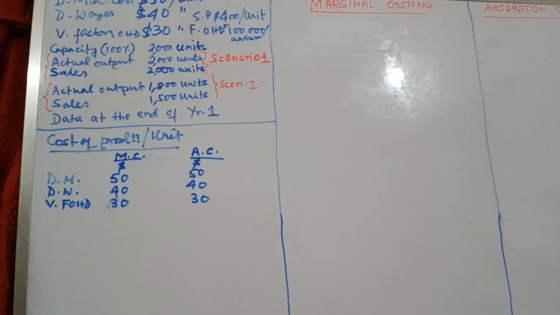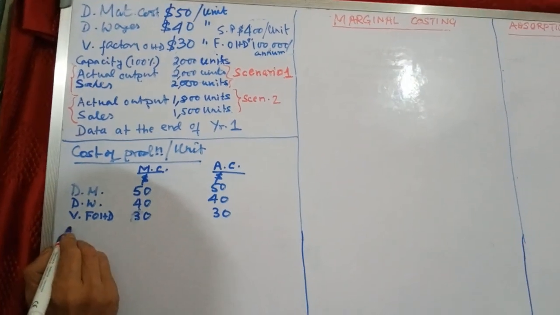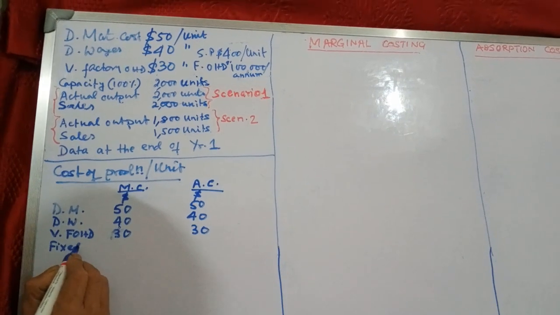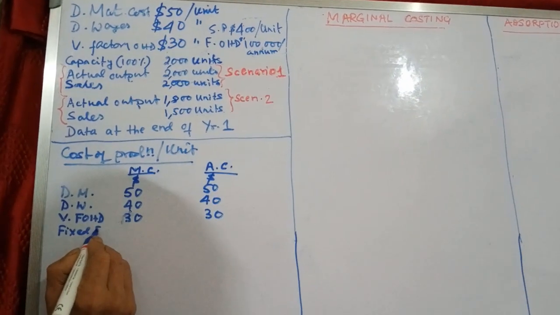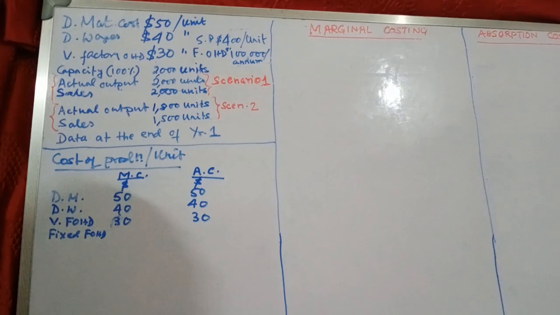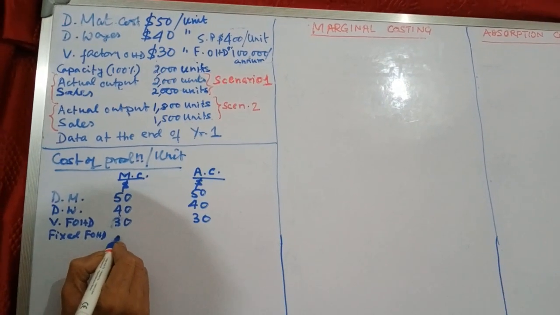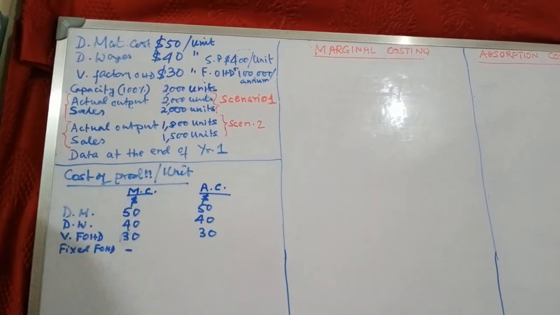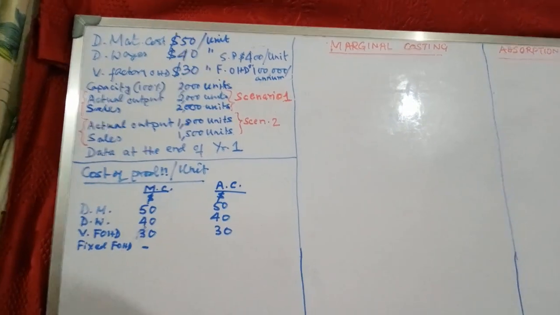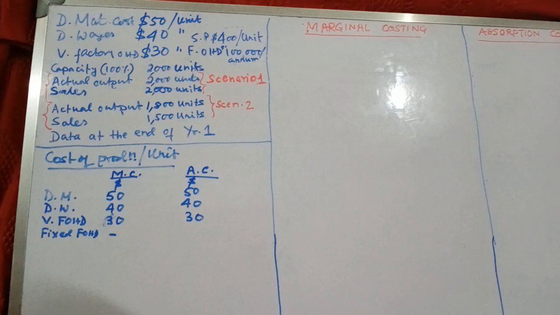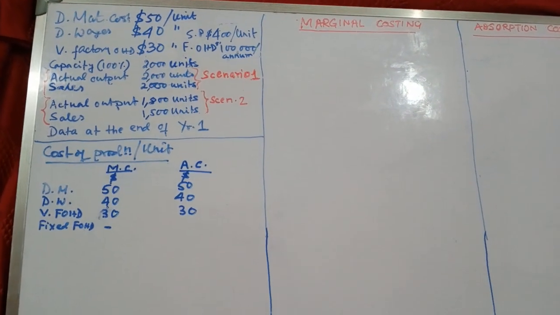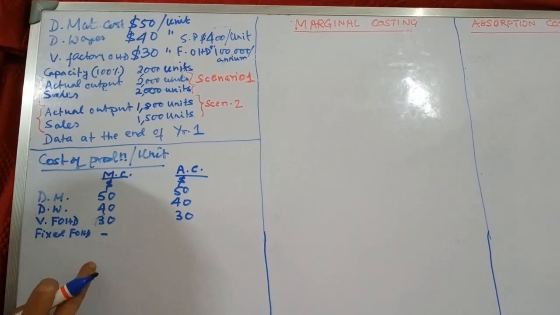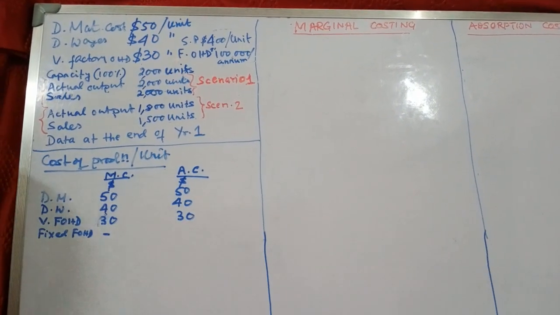Correct? And fixed factory overhead. Here there is no fixed factory overhead. As I said a few minutes back, fixed overheads are not considered in calculating cost of production. So there is no fixed overhead in the cost of product per unit under marginal costing system.